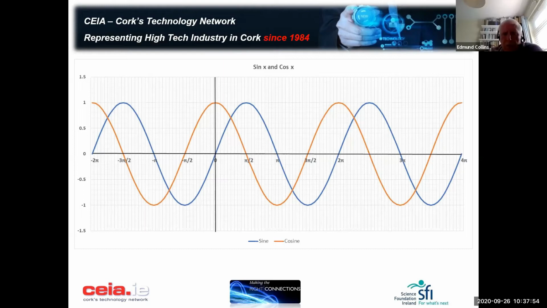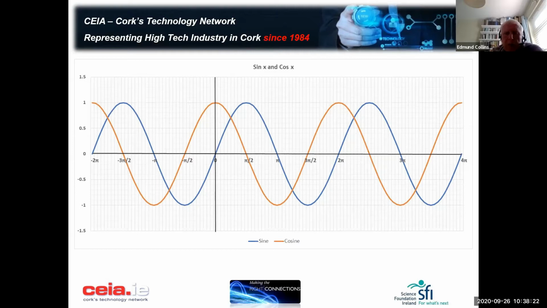So I suppose the first thing to notice here is that it's a repeating cycle. It's a wavelength really. We start with 0 in the case of sine, and we go to 2 pi, and then the cycle starts again, 2 pi to 4 pi, and so on, on and on.